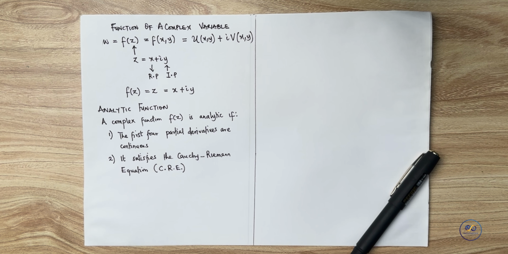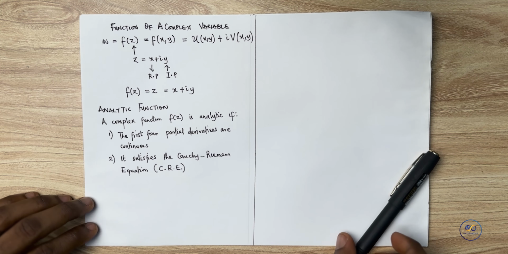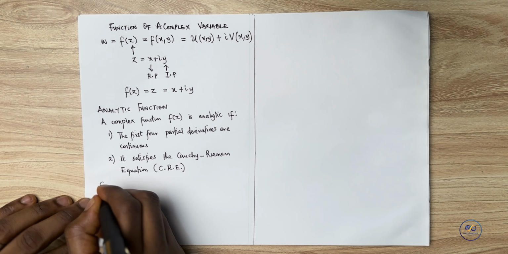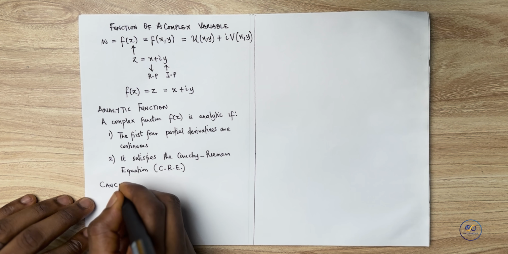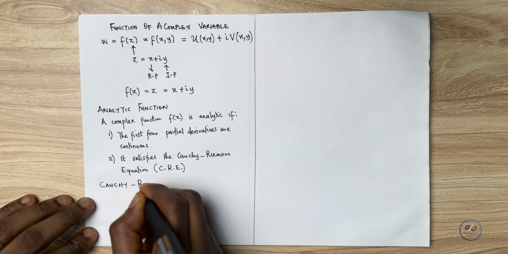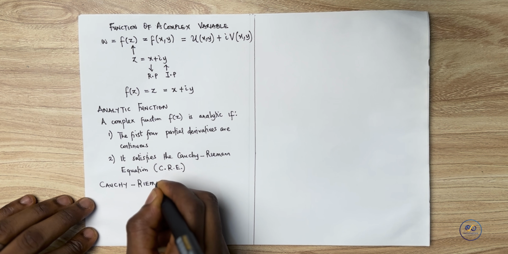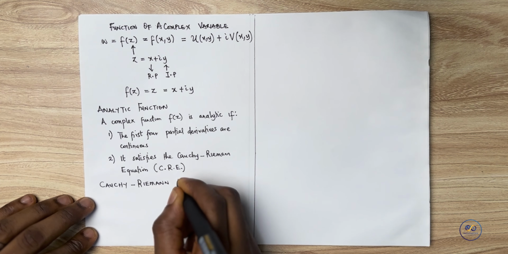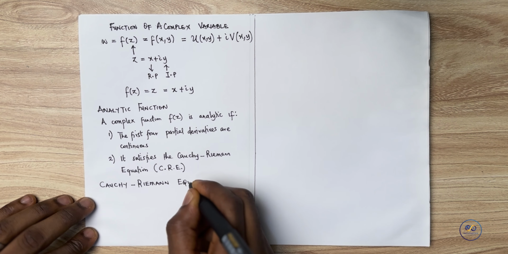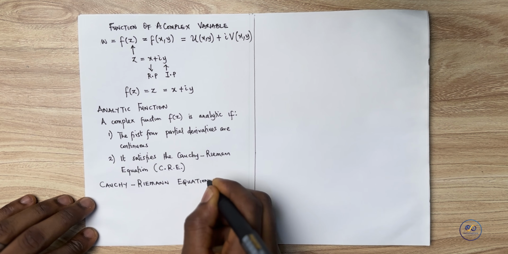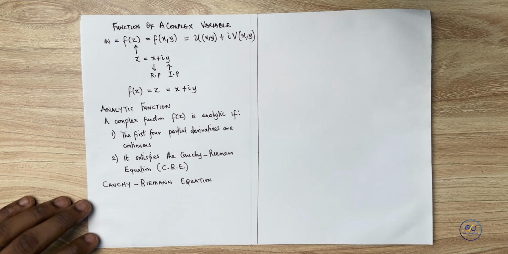Now, the very first thing is, what exactly is the Cauchy-Riemann equation? We say for a fact that the Cauchy-Riemann equation is simply the relationship between the first 4 partial derivatives of a complex function, right? For the Cauchy-Riemann equation, there are 2 broad equations when the function is indeed an algebraic function.